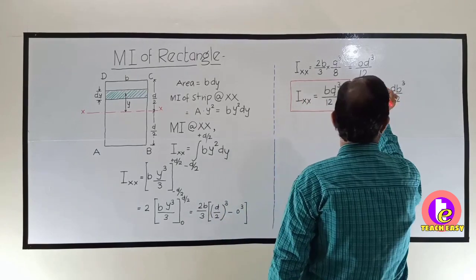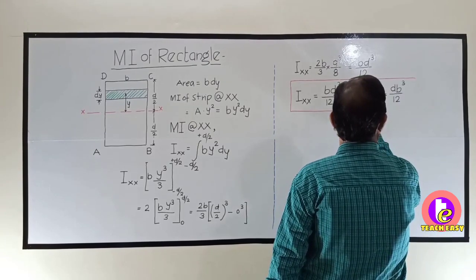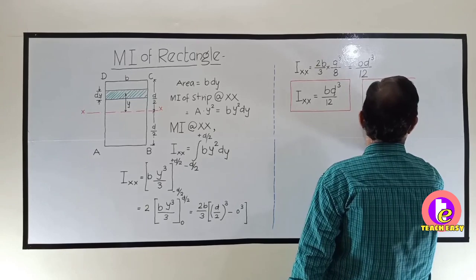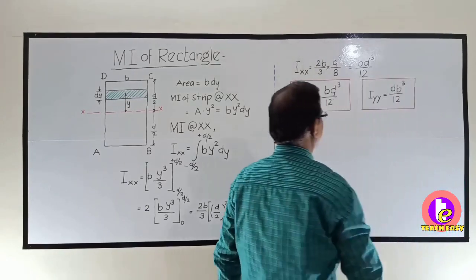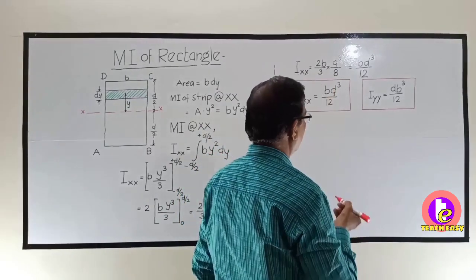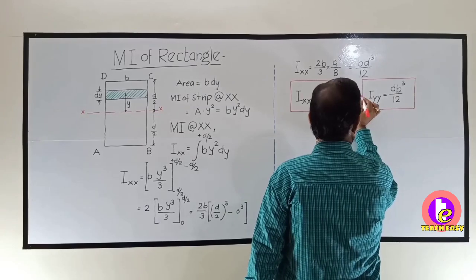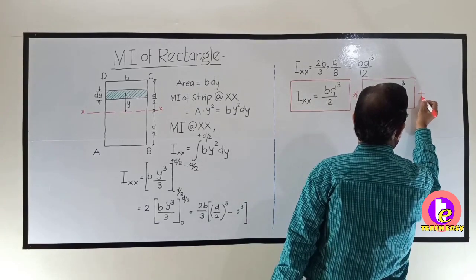Square is a subcase of rectangle in which b and d are equal. So if you say that the side of the square is small a, then Ixx and Iyy will be a raised to 4 upon 12, because b and d in that case will be the same.